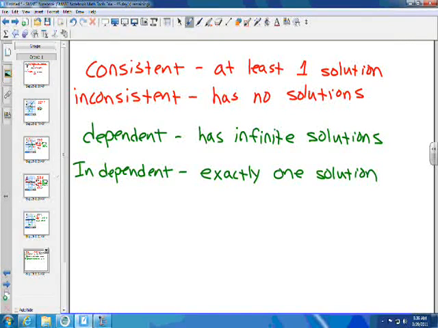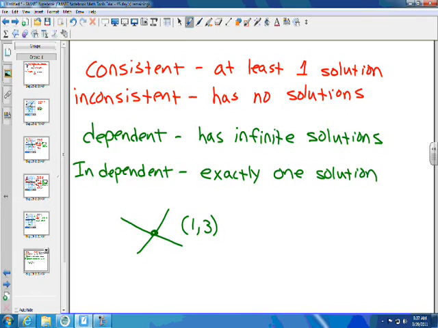They can be more than one of those. For instance, if you just get 1 point for your answer, if the two lines intersect right here and your point is 1, 3, would that be consistent or inconsistent? Consistent. It has at least one. And then which one of these would it be? Independent, because it has exactly one. So that one would be consistent and independent.